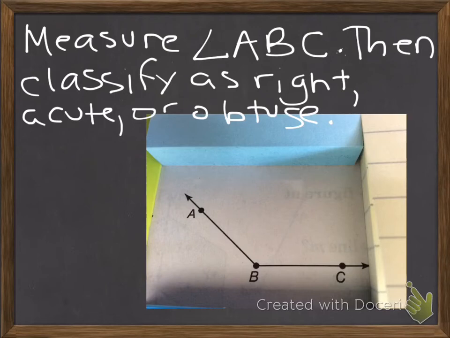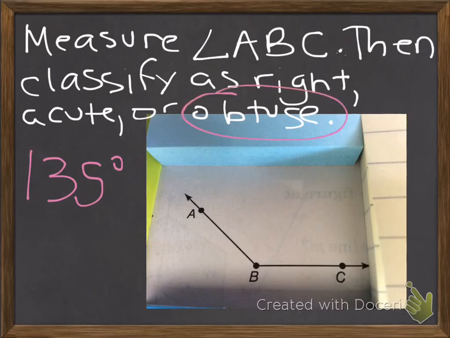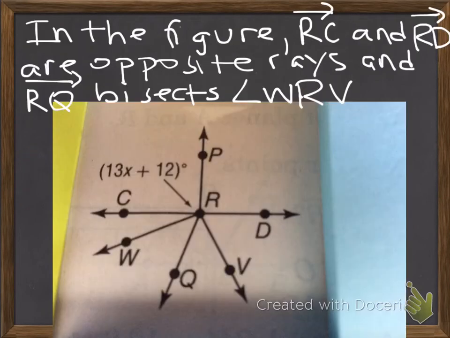So you get about 135 as your measurement, so 135 degrees. We could clearly see before measuring that it's obtuse, so that could also help us to figure out what the actual measurement is, because we're not going to do a lower number like 45 if we already know that it's obtuse.